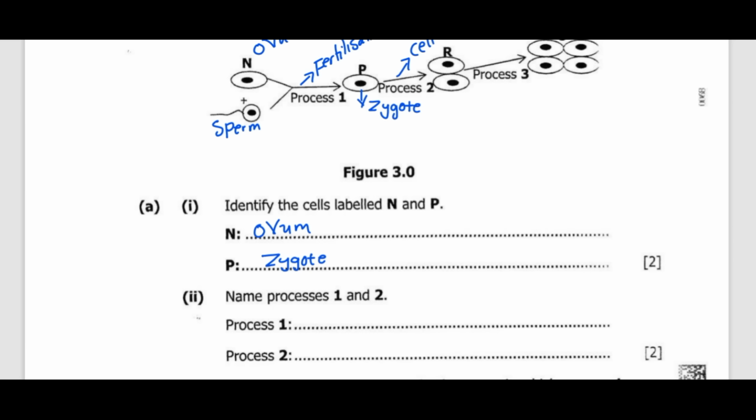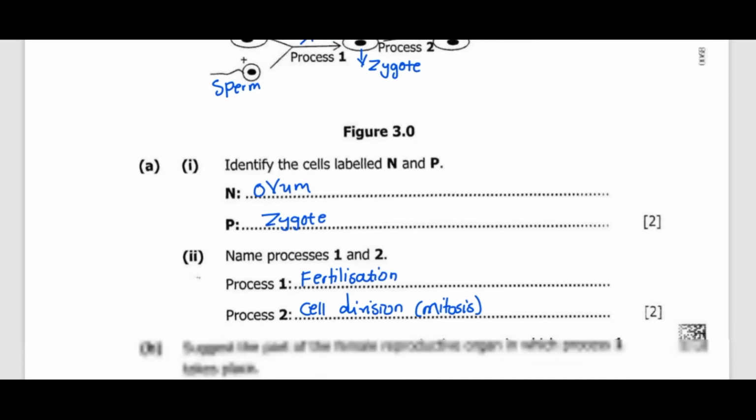So process 1 is fertilization because it has to do with the fusion of the ovum with the sperm cell. Process 2 is cell division. So to specify, here we only have mitosis.